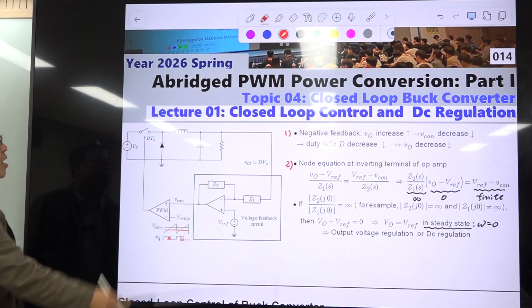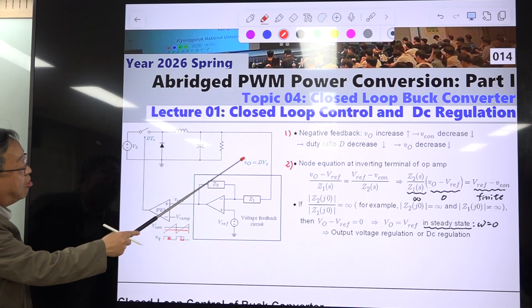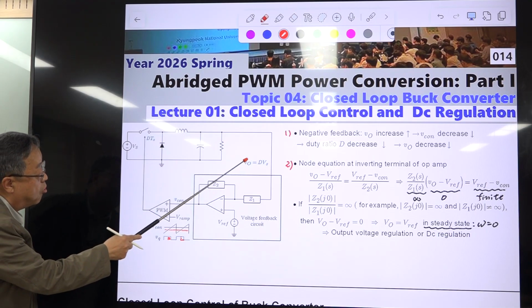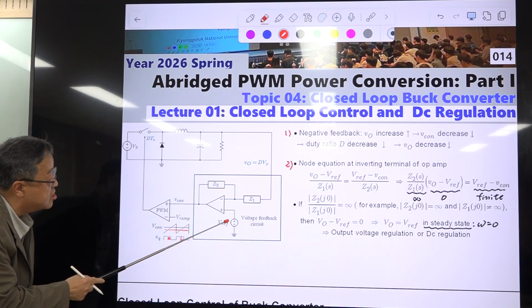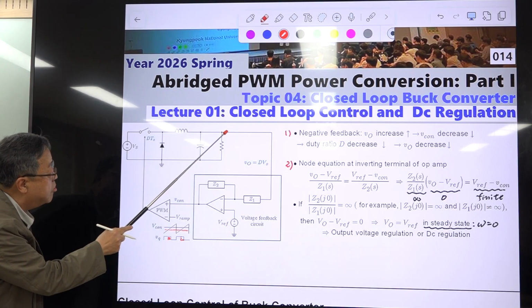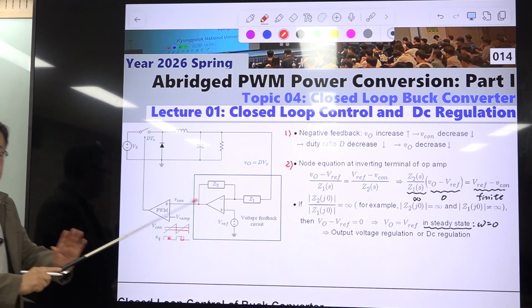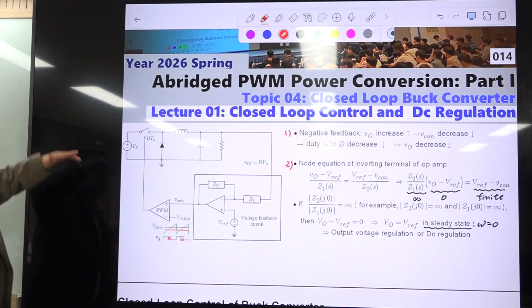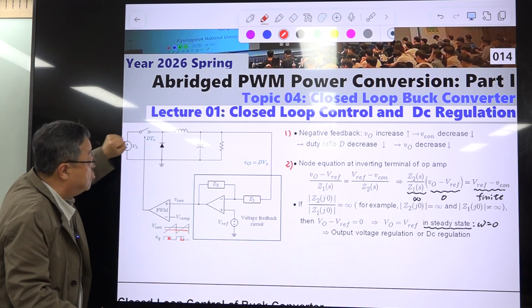Assume the output voltage is somehow increased from the desired value. Usually the desired value of output voltage is the same in magnitude as this one. So you have another DC source. This is the power line, the main power delivered from here to there.